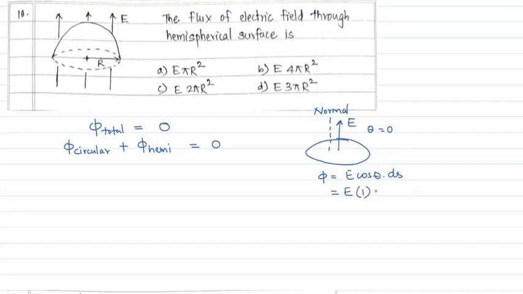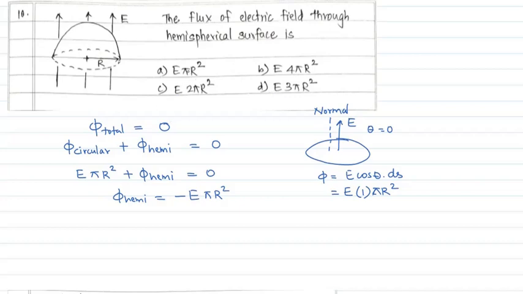The area of a circular face is pi r square. So if I substitute, it is E into pi r square plus flux due to the hemispherical surface is 0. So the flux through the hemispherical surface is equal to minus E into pi r square. Here he has taken magnitude, otherwise it will be negative.